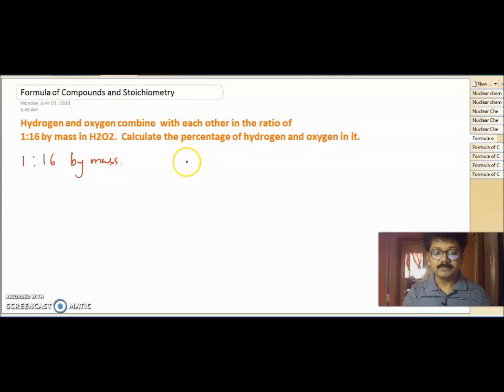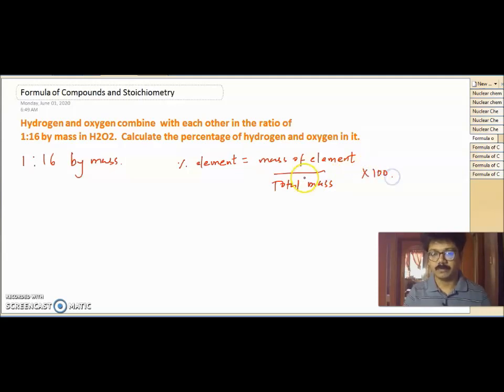It's a very basic formula: the percentage of any element in any compound is equal to the mass of the element divided by the total mass, multiplied by 100.